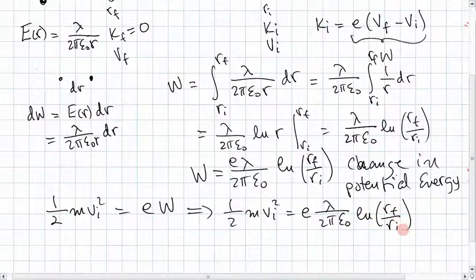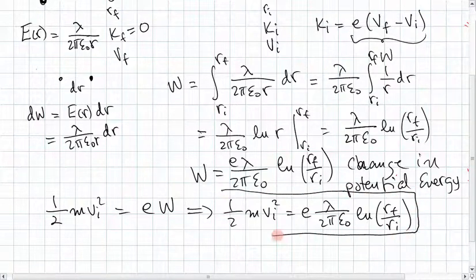And this is basically it. So this expression gives you the solution because now we know everything in this equation except for Rf, which is what we want.